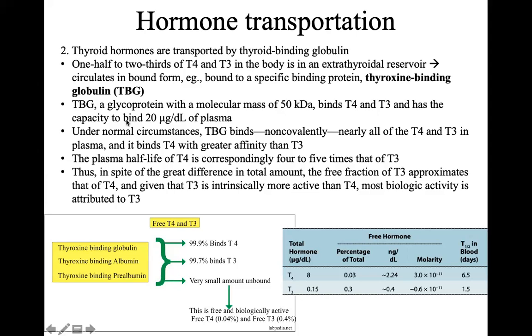TBG is a glycoprotein. What is a glycoprotein? Glyco refers to carbohydrates or glycan. It means this is the combination of glycan, synthesized from a carbohydrate source, and the protein structure. Why do you need the glycan together with the protein?